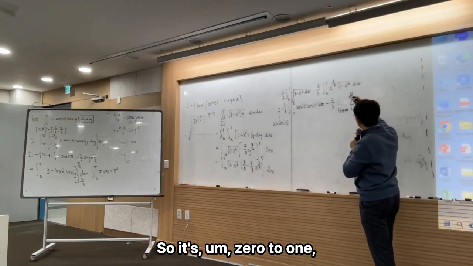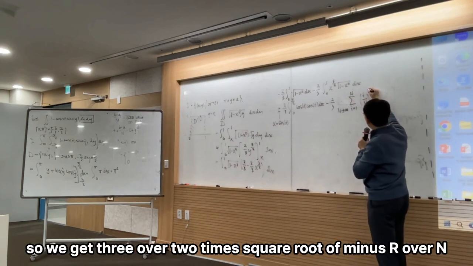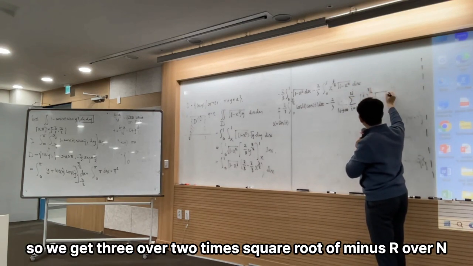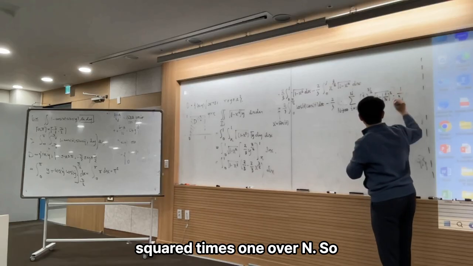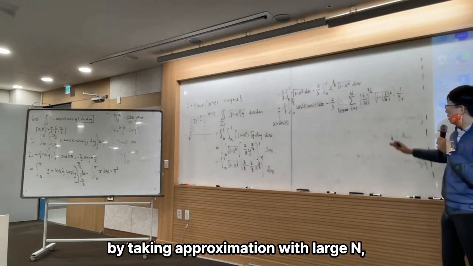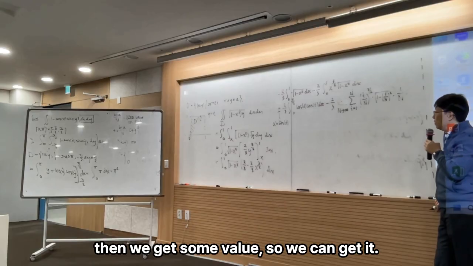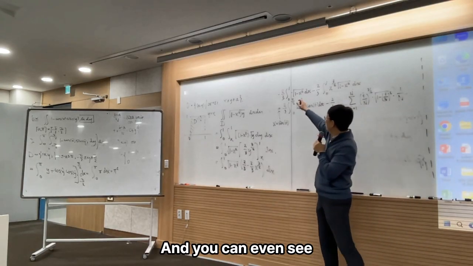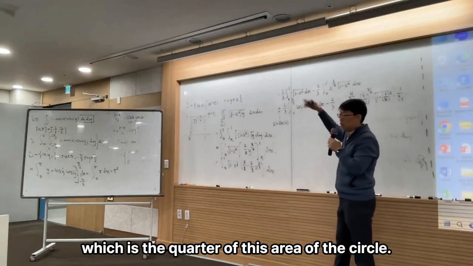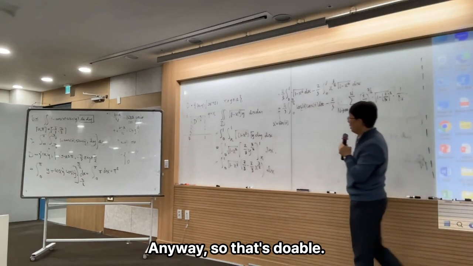It's 0 to 1, so we get i over n as x, and we get 3 over 2 times the square root of 1 minus (i over n) squared times 1 over n. When you take the limit with large n, then we get some value. So here, it's simple, right? And you can even see that this is pi over 4, which is the quarter of the area of the circle. Anyway, that's doable.